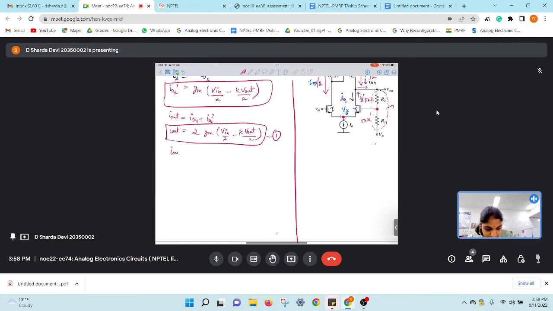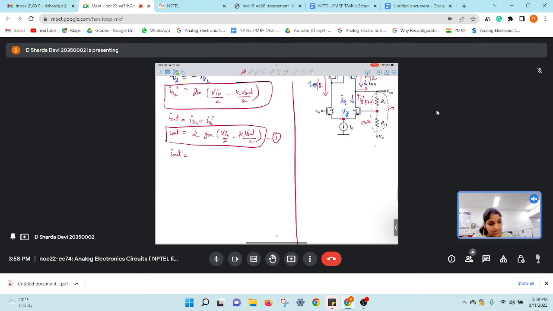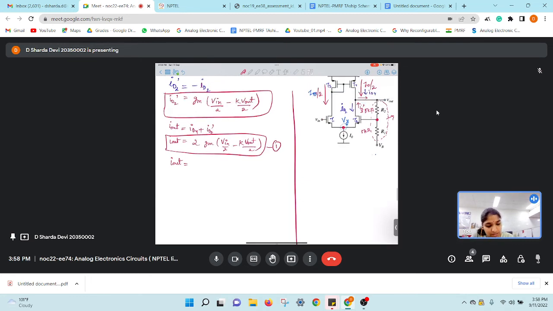Now I out can be written some other way also. It can be expressed in some other way also. How can we express I out? One way is this one. We got it already. What is the another way in which we can express the I out?